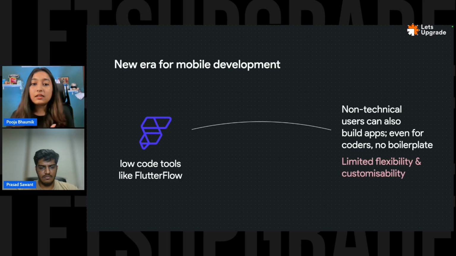But it also had some limited flexibility, and customization at some point could have been limited as well. We do have custom code in FlutterFlow, but there were certain things where we were getting limited.